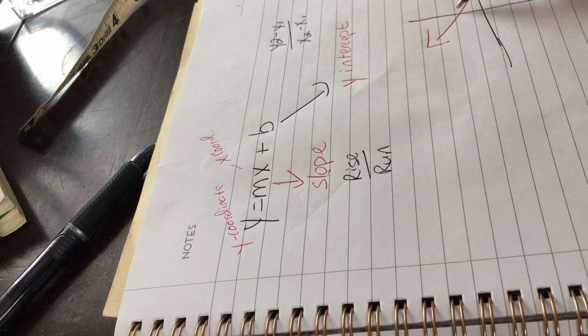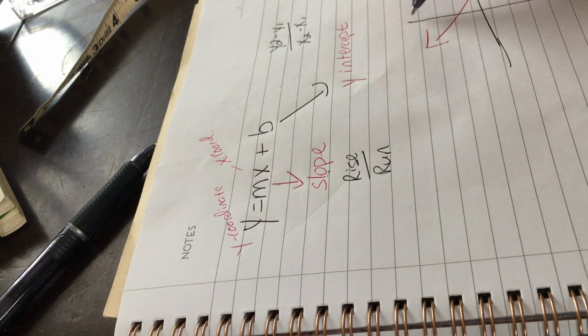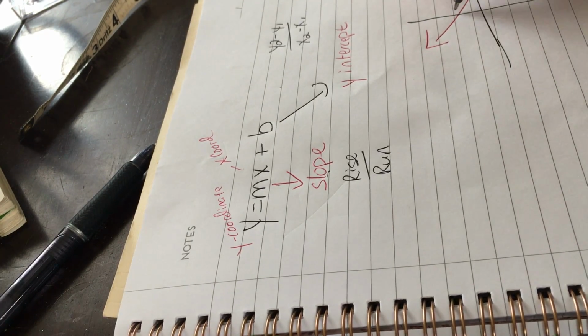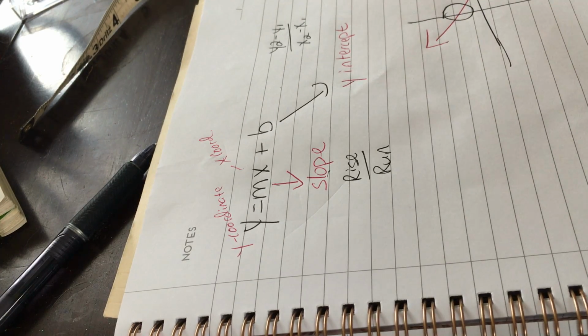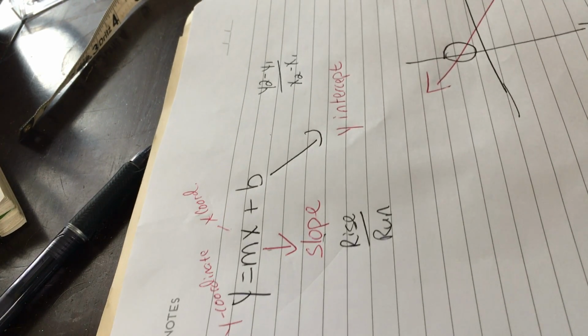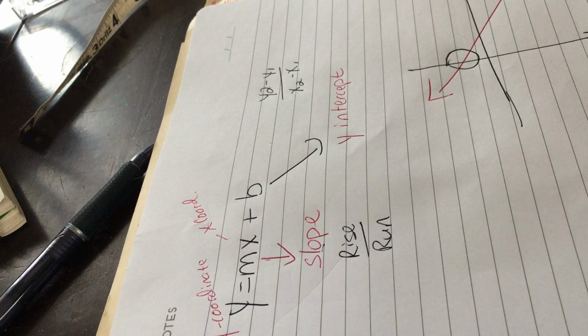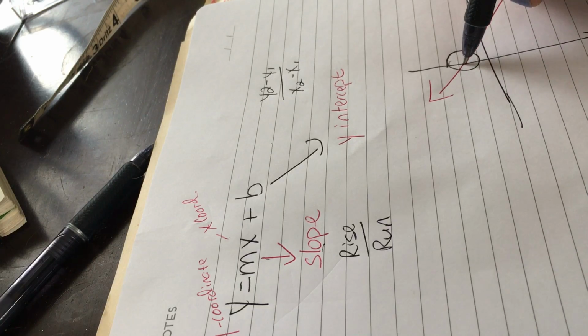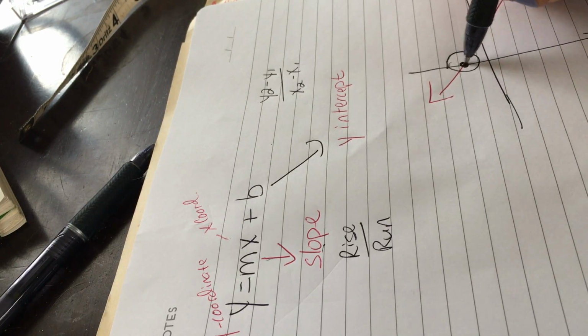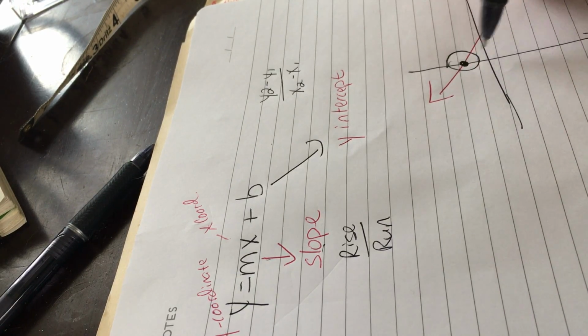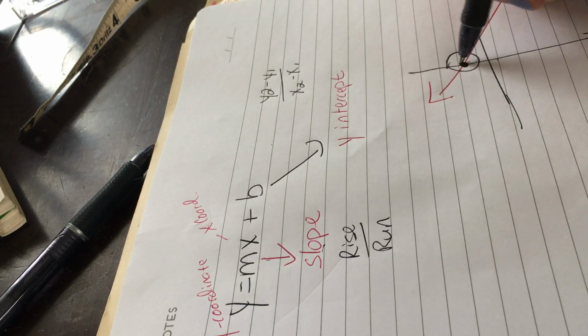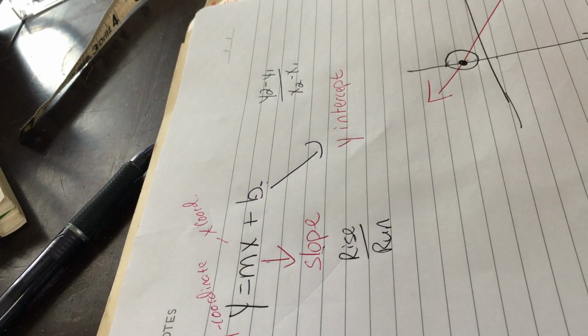That's something you can always plug in. So here is my y-axis. This point right here is your y-intercept. And what I would do is take whatever spot that line is on the y-axis and plug it in to that b.